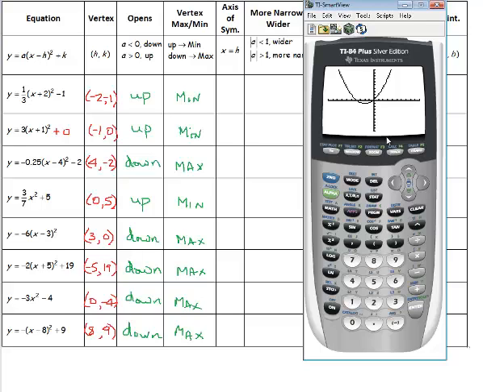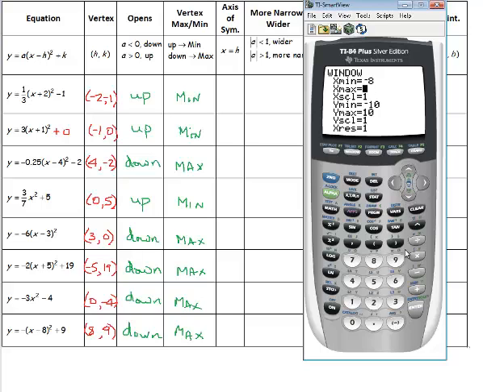Now the axis of symmetry is the line that divides it right in half. And I'm going to change my window just slightly here, so you get a better look at the x and y coordinate. Oh, I forgot to change my y. Let me go back and change my y. So let's go negative 8 to positive 2.